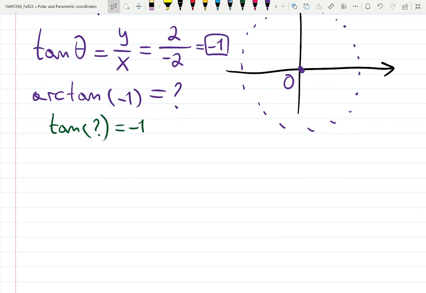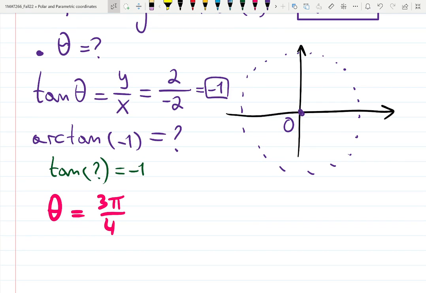Let me tell you that arctangent of minus 1 has 2 answers. Theta is 3 pi over 4. 3 pi over 4 is located over here. That is the angle 3 pi over 4.